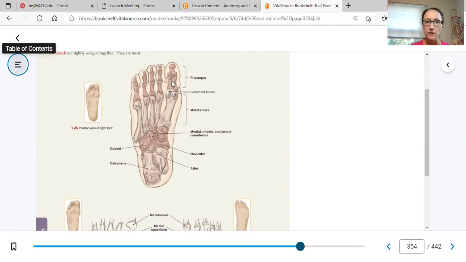I'll show you those later, but remember all sesamoid bones are embedded in tendons, but you have two little ones right here. Okay, the rest of these, like I said, are tarsals, and they're actually named for their shapes for the most part. So we have the cuboid here, it's cube-shaped.